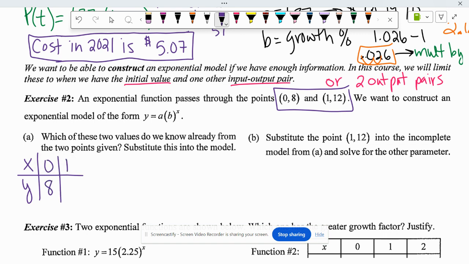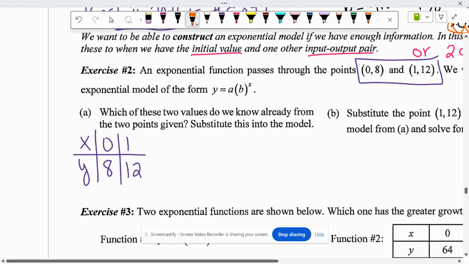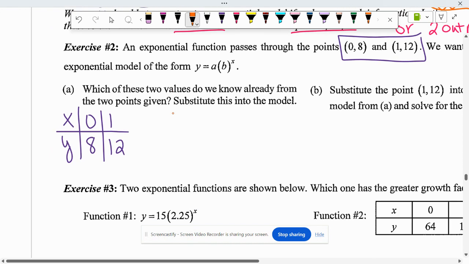And when x is 1, y is 12. Can you look at those ordered pairs and determine a parameter in the form y equals a times b to the power of x? Does one of these ordered pairs represent anything? What do we know? What happens when x equals 0?